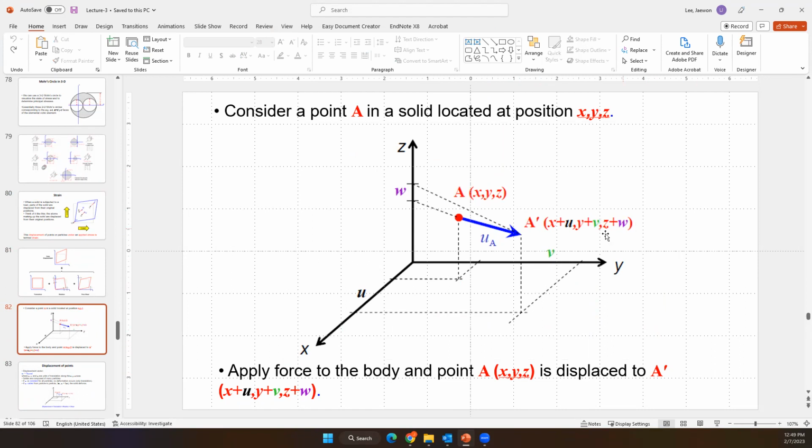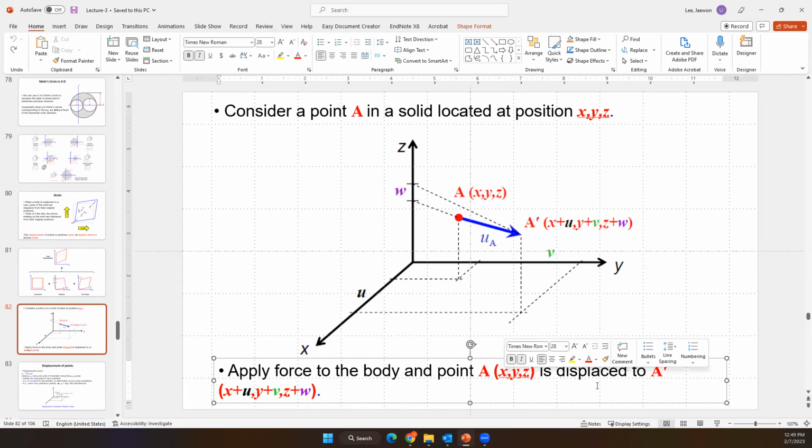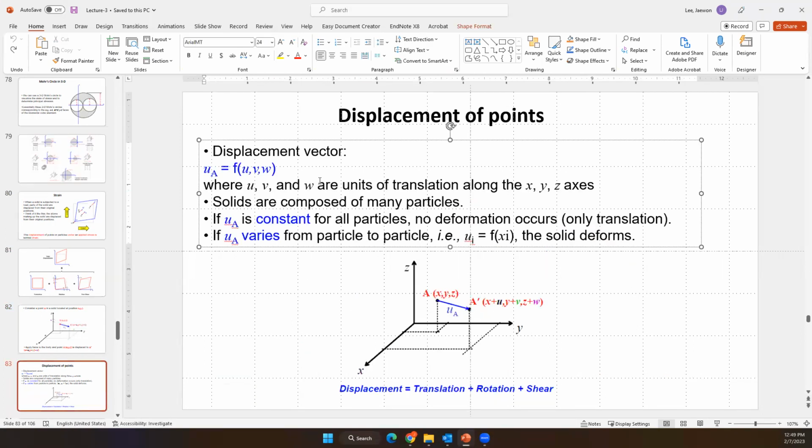We can use U, V, W to explain the position change of X, Y, Z. So we can make a correlation: X is moved to X plus U, Y is moved to Y plus V, Z is moved to Z plus W. We can make it a displacement vector, called U V W, which are the translational units on the X, Y, Z axes.